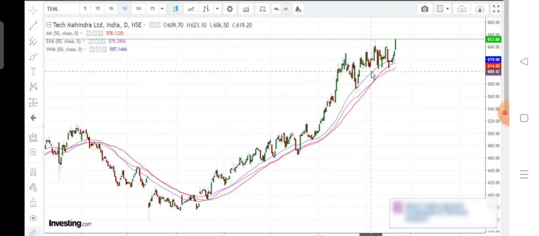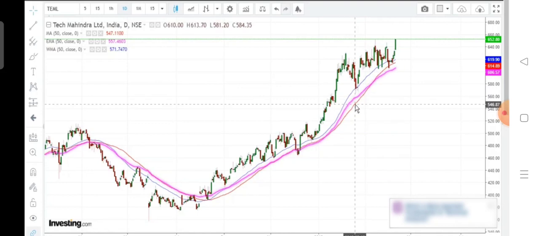Now, what are this weighted moving average and exponential moving average? A simple moving average gives equal importance to all the data points. For the last 20 days, or 50 days we are calculating, all points are given equal weightage. Now, an exponential moving average, which is the middle line, the pink line, gives a little bit more importance to near-term data than the old or furthest data.